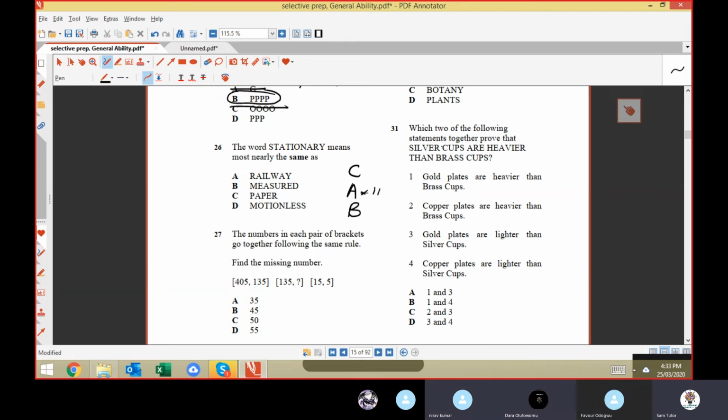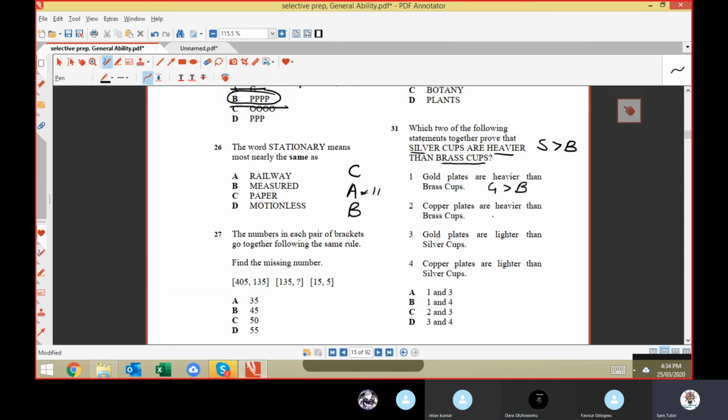Which two of the following statements together prove that silver cups are heavier than brass cups? So silver must be bigger than brass. All right, let's have a look. Gold plates are heavier than brass. So this is saying gold is heavier than brass.